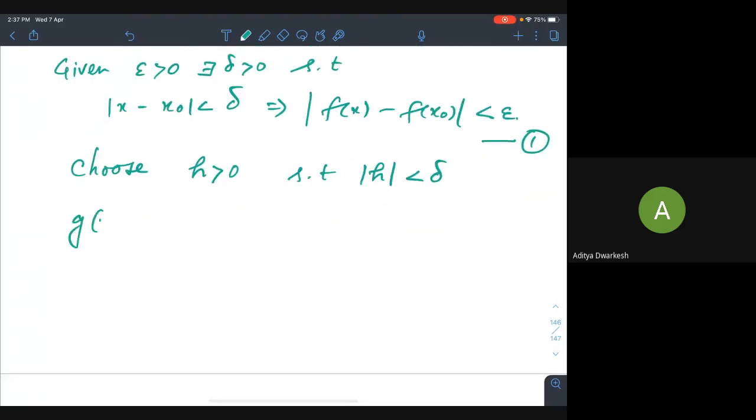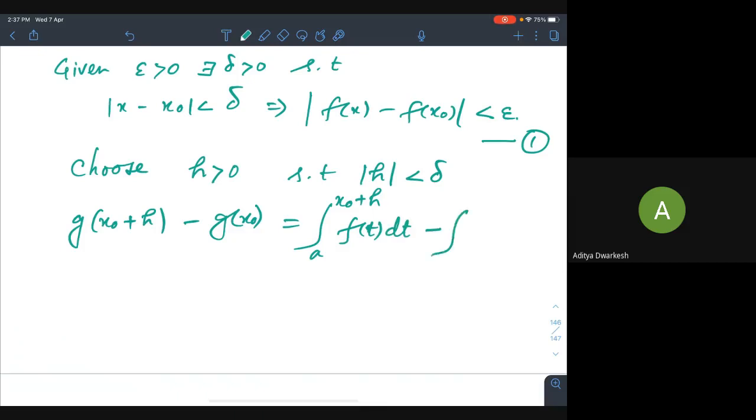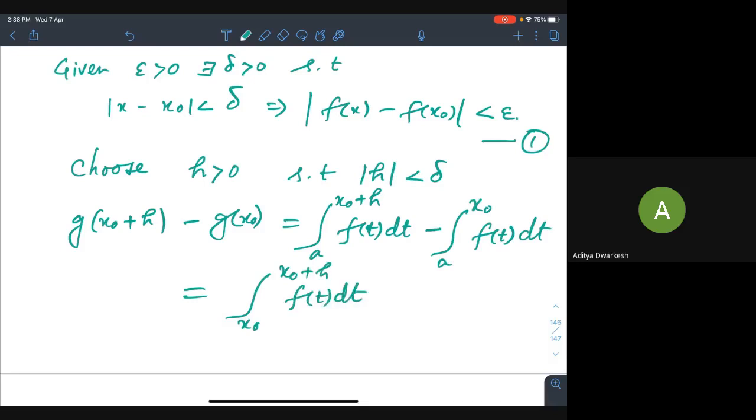So G(x naught plus h) minus G(x naught) is the integral from a to x naught plus h of f(t) dt minus the integral from a to x naught of f(t) dt. So this is the integral from x naught to x naught plus h of f(t) dt.